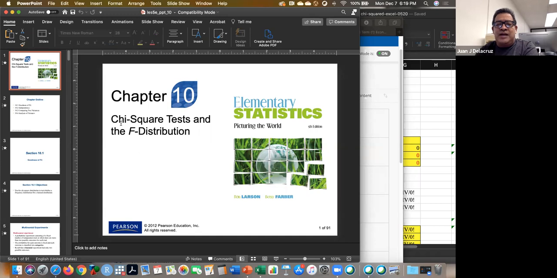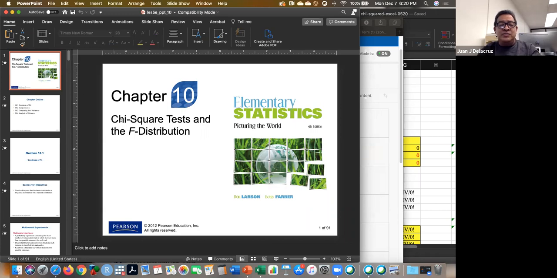Chi-square might be used to look at two different variables. With the F distribution, we have many variables, so we can find whether or not one of the variables is a scalar or is related in some way with any of the other variables. That's what we need to know.